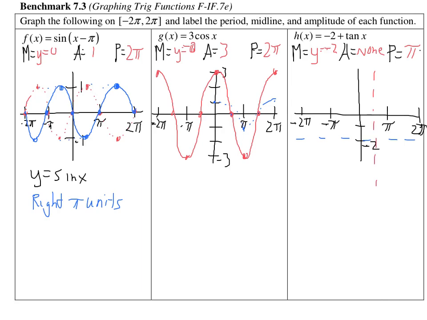Now the next question is, where are my other asymptotes going to be? Well, if the period is pi, won't that be where my next asymptote would be? Doesn't the period tell you the spacing of your asymptotes? So if this is here, won't your next asymptote be right there, a period over?